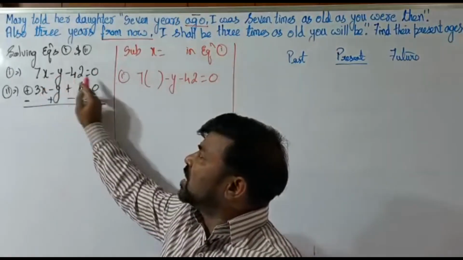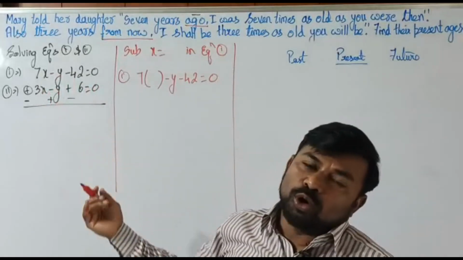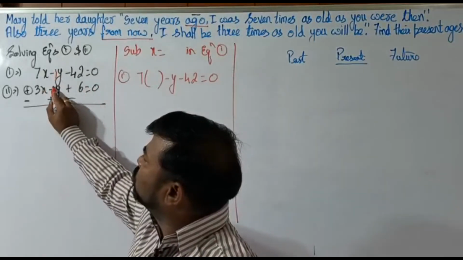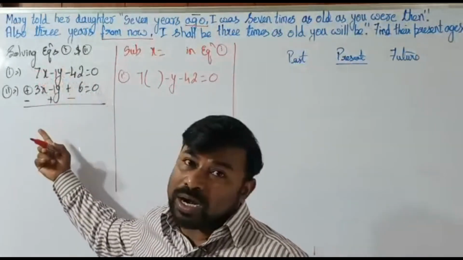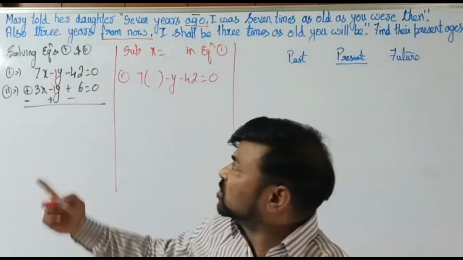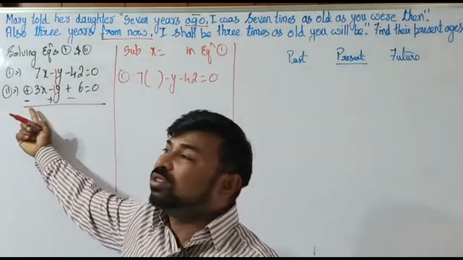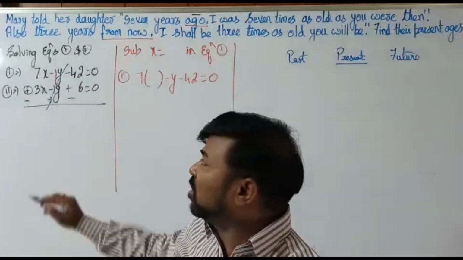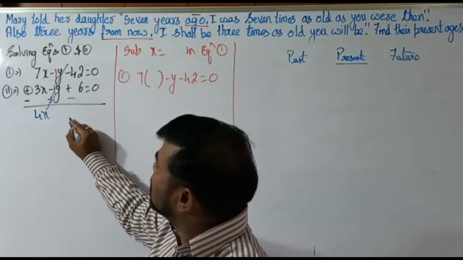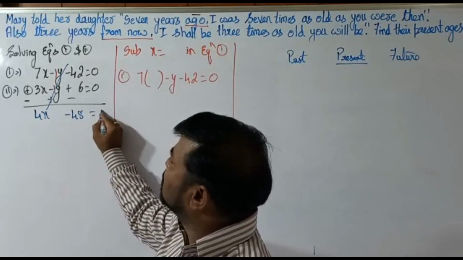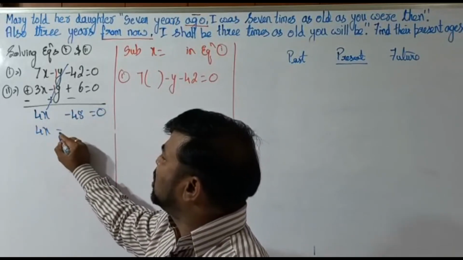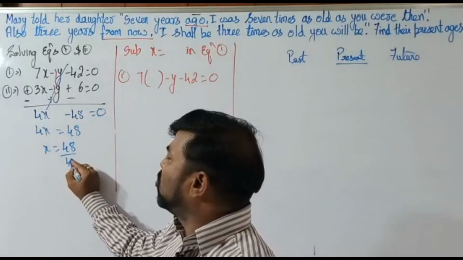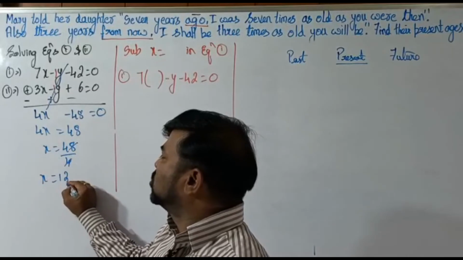If you see equation 1 and equation 2, we are using the elimination method. The coefficients of any one of the variables should be the same. The coefficients are 1 and 1, but we need opposite signs. Therefore, I have changed the signs of the second equation. Now I can cancel this. It is nothing but 4x minus 48 equals 0, 4x is equal to 48, and x is equal to 48 by 4, so x equals 12.